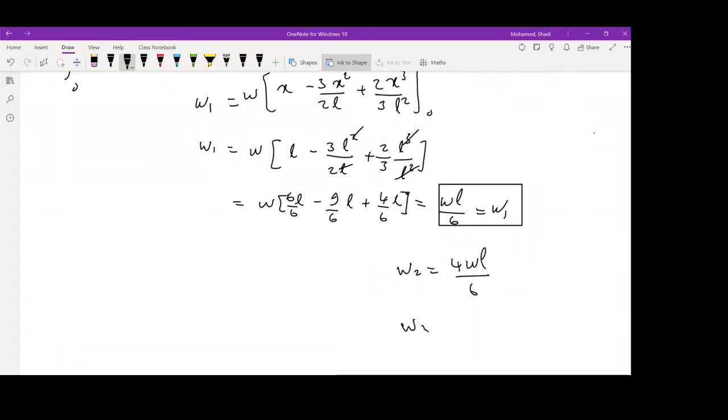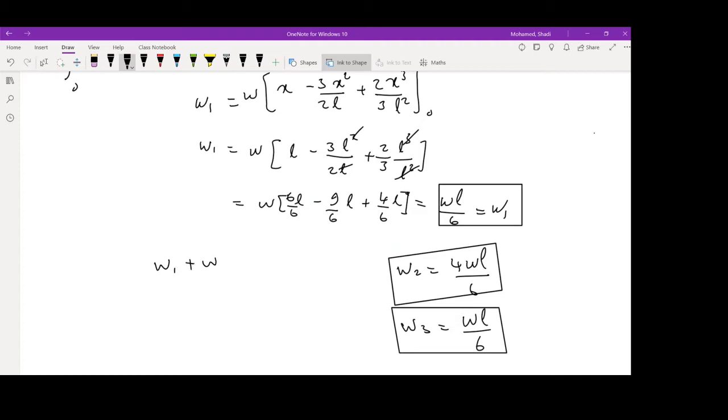And if you do the same thing for the last shape function, it is going to be WL over 6. Now, if you add W1 to W2 to W3, this should be equal to WL, which is the case. If you add them up together, they will add up to WL.